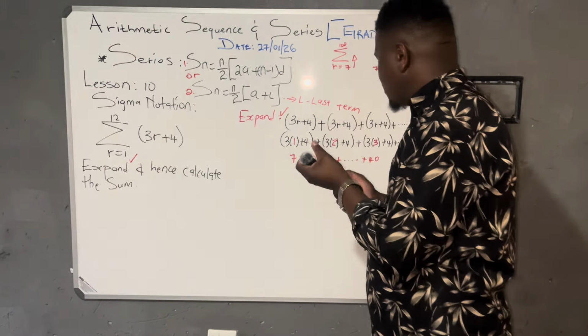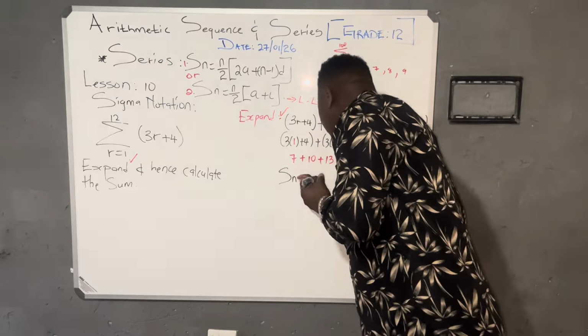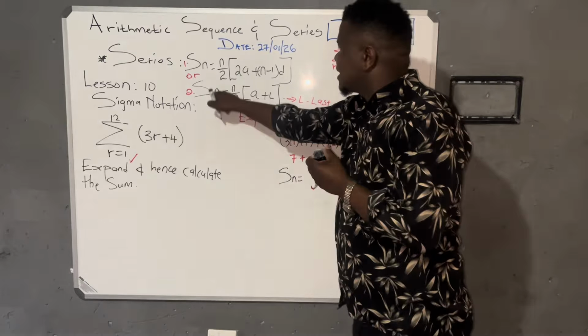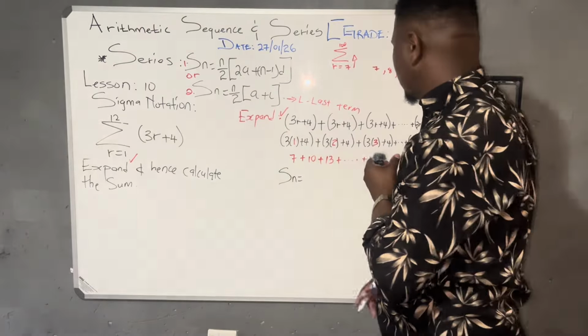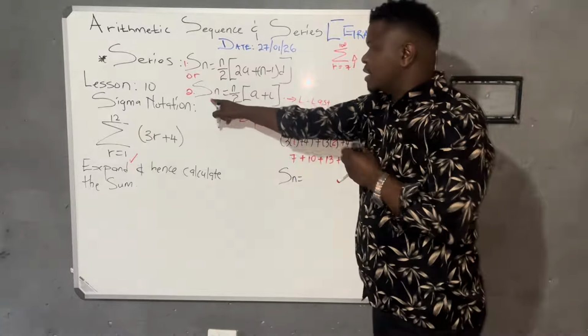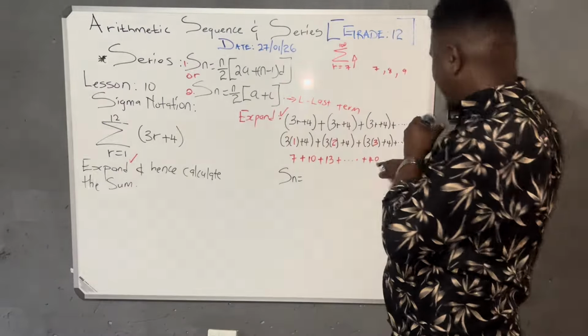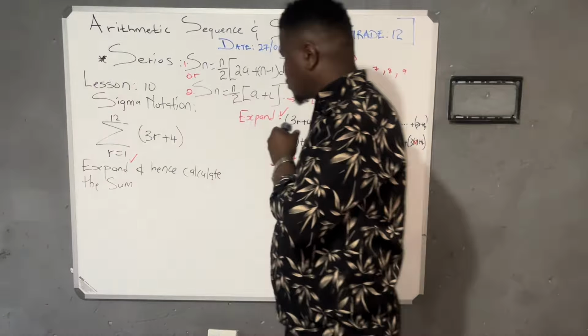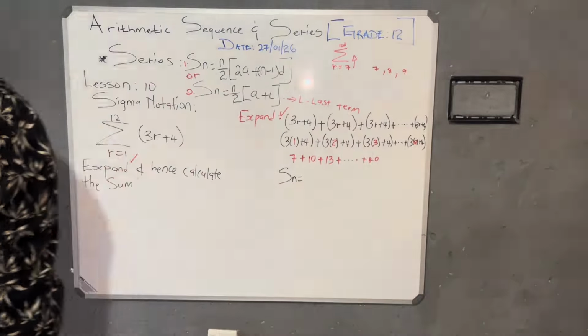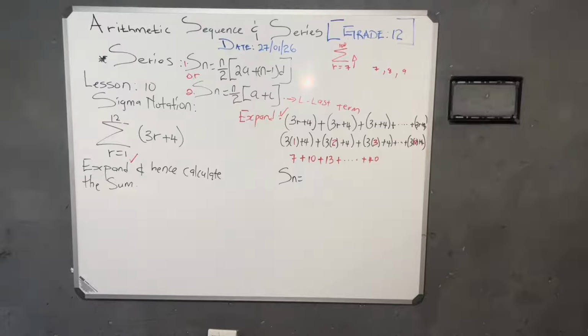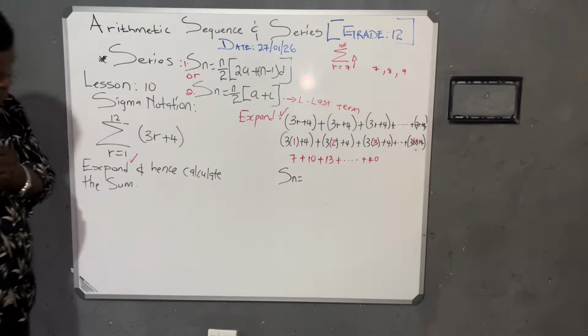Now the question that you may ask, if I'm looking for Sn, which Sn can I use? Because I've got two formulas. I'm going to use the second one simply because of that L, which is the last term there. That one of 40 is the last term that you can use.